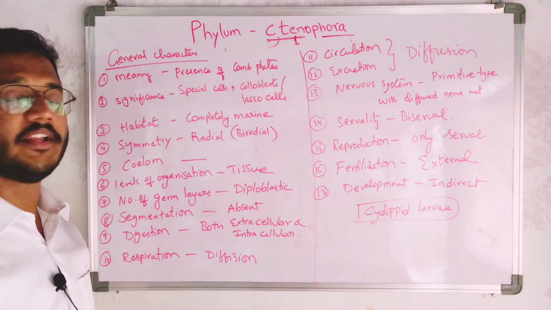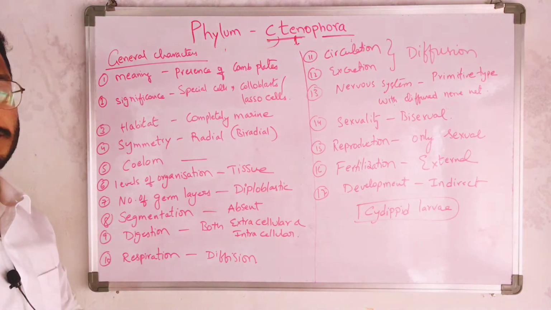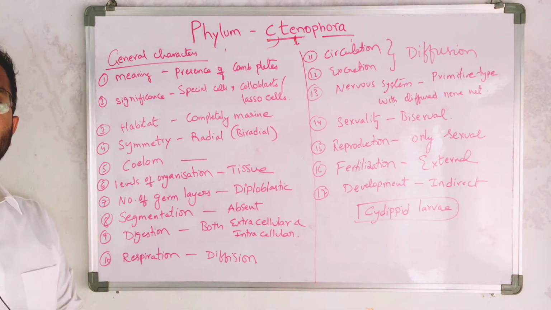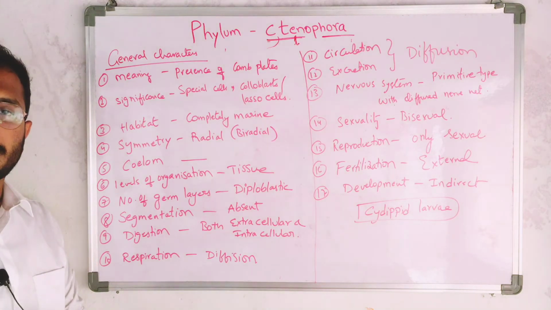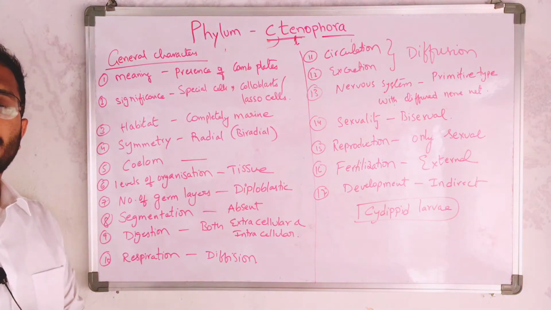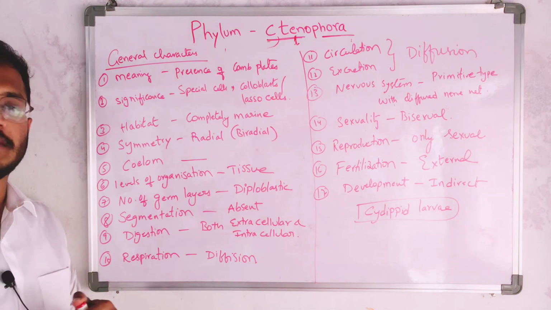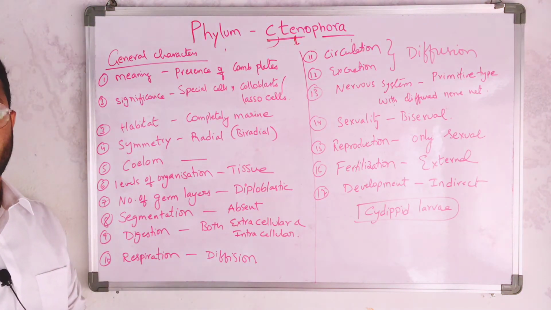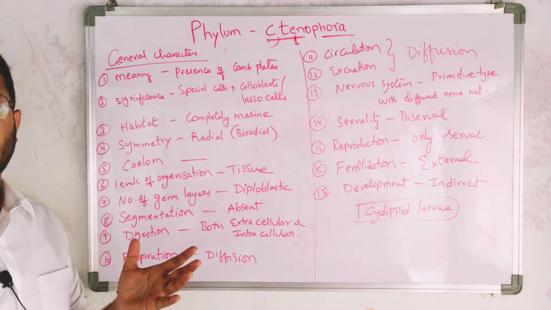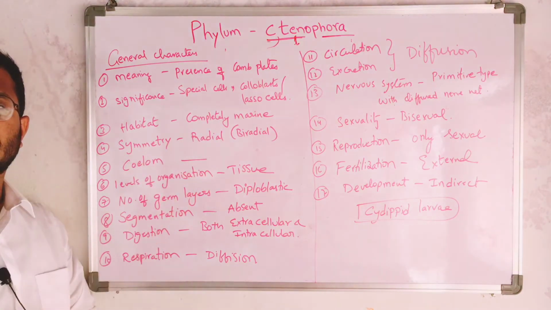And here sexuality, these are bisexual. That means both male and female organs are present in one organism. And reproduction is only sexual. And the fertilization, that means the fusion of male and female gametes, is external. That means it happens in the water, because these animals live completely in water, that means oceans.